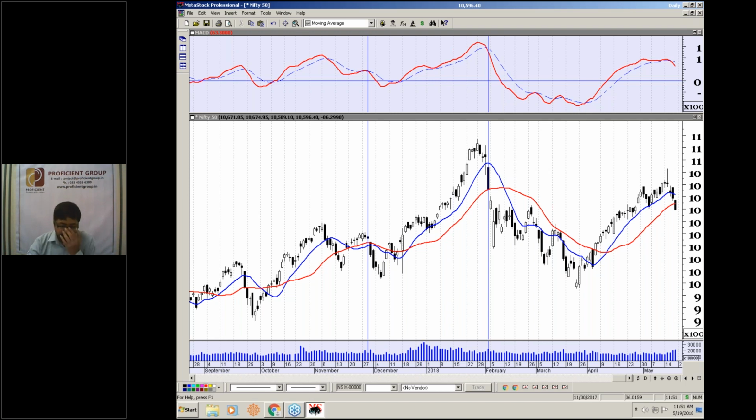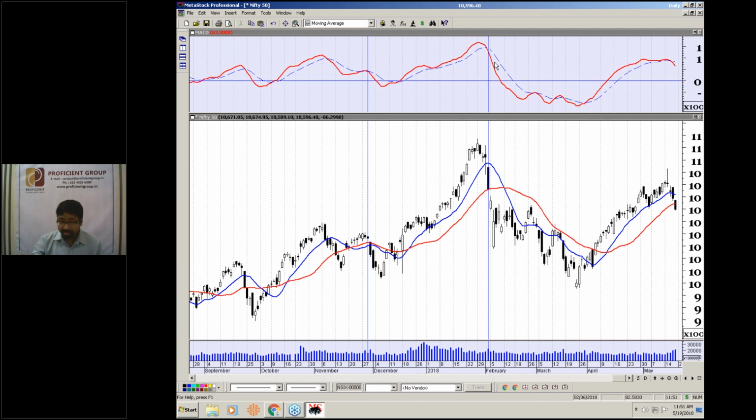So there was a fair chance that this sell signal could be a false one. On the other hand, this sell signal occurred much above the zero line. So what I mean is that there is enough opportunity for the price to fall to a very low level and the MACD to come to a very low level, right? So this sell signal is more important than this sell signal.